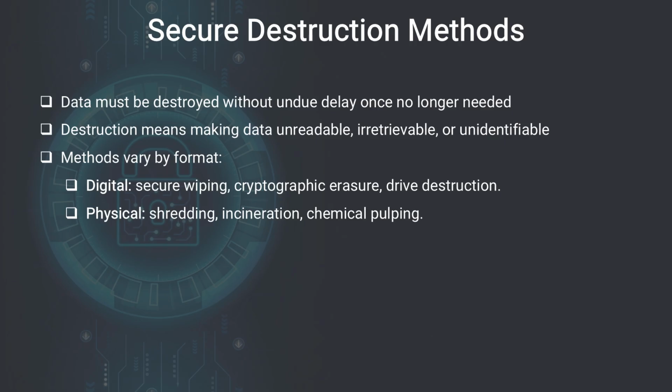Section 3, Obligations of Controllers and Processors, will focus on the legal duties of those handling personal data. We'll look at roles, responsibilities, and legal expectations from businesses and service providers.